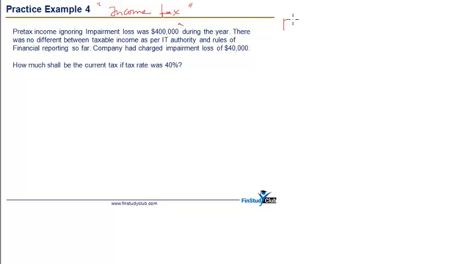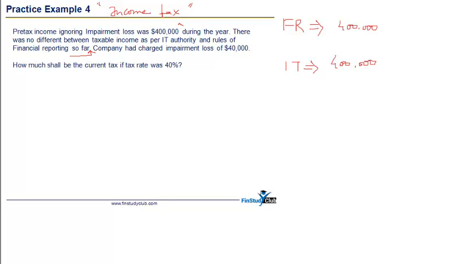That means your profit before tax, as per the rules of financial reporting, is 400,000. And there was no difference between the taxable income as per the income tax authorities and the rules of financial reporting so far. That means, as per the rules of IT as well, so far both of us are moving in the same direction.